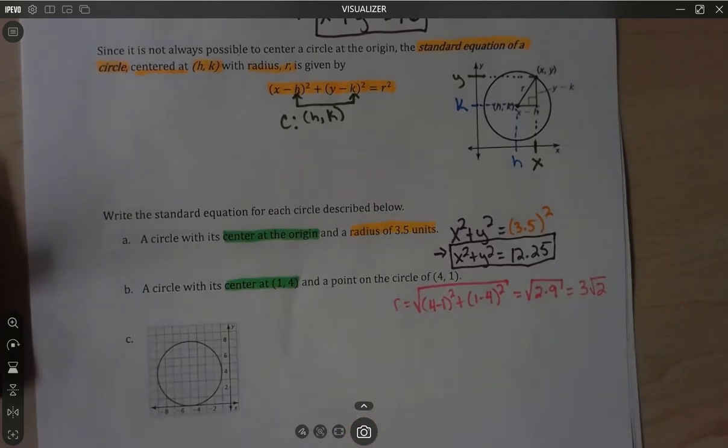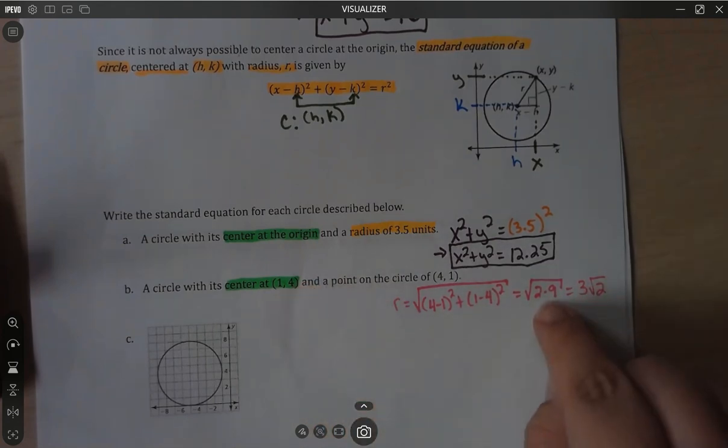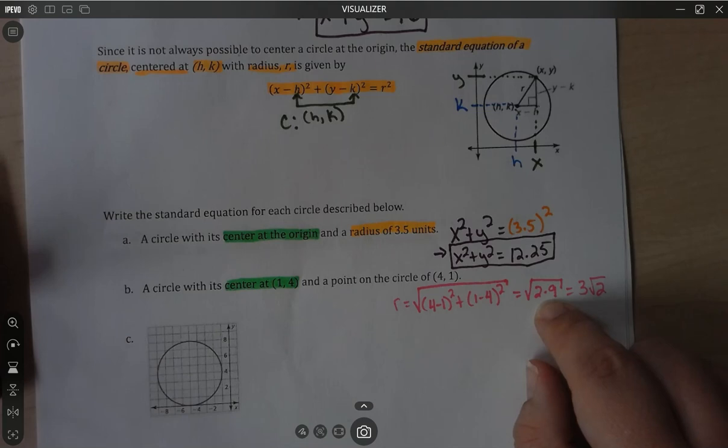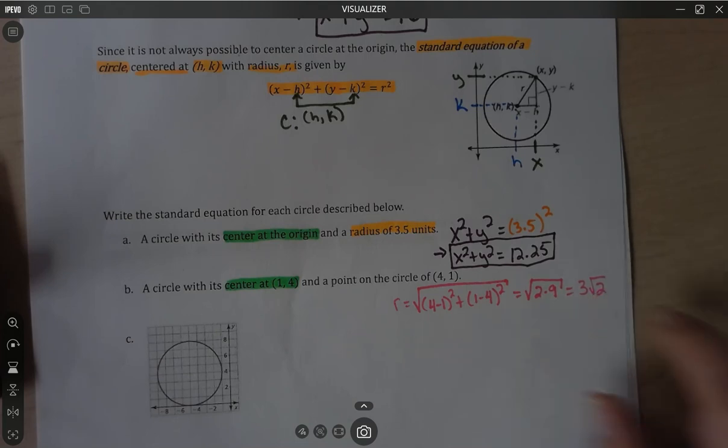So I have my radius, I have my center. I'm going to need my radius squared. If I need my radius squared, did I need to find my radius? Absolutely not. If I needed my radius squared, I could have squared both of these from the beginning.